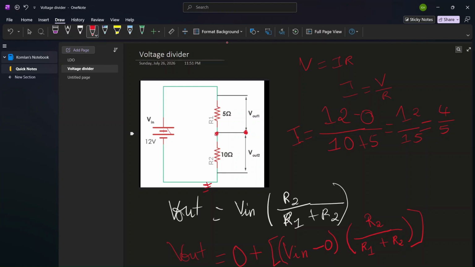That's basically all it is. All right. So now once I know the current flowing through all this resistor is 4 over 5 amp.